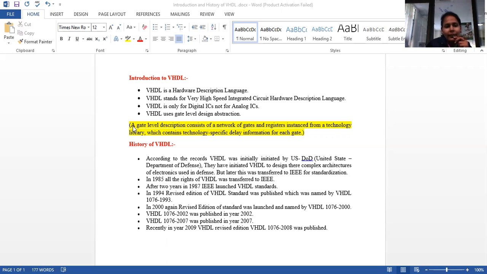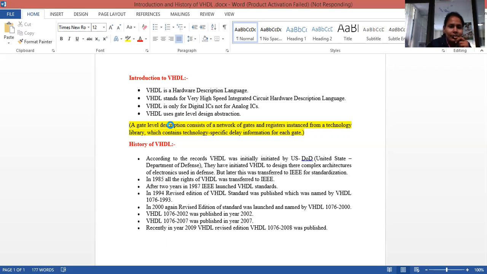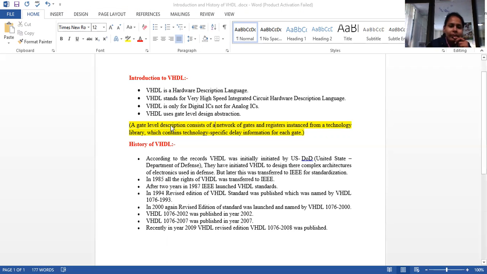Here, a gate level description consists of a network of gates and registers.